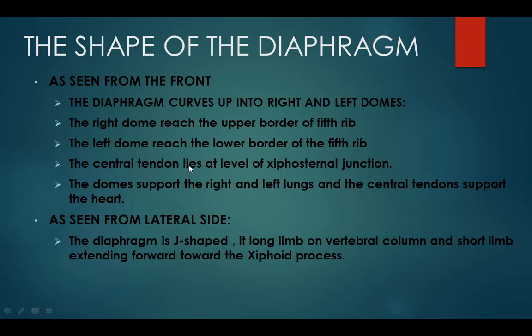The central tendon lies at the level of the sternal junction. The domes support the right and left lungs, and the central tendon supports the heart. As seen from the lateral side, the diaphragm is J-shaped, with a long limb on the vertebral column and a short limb extending forward towards the xiphoid process.